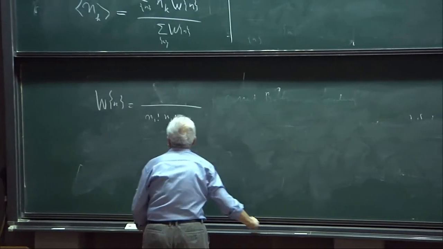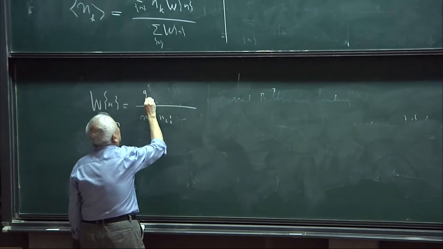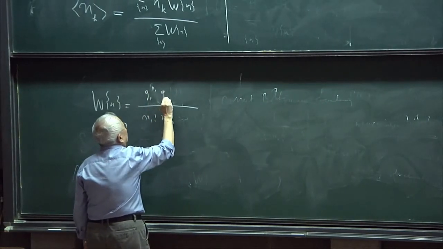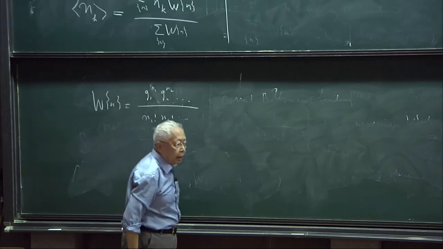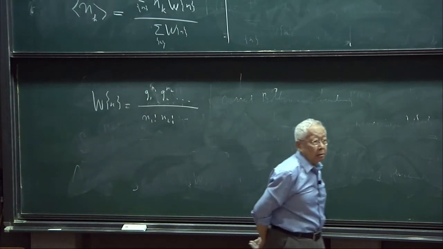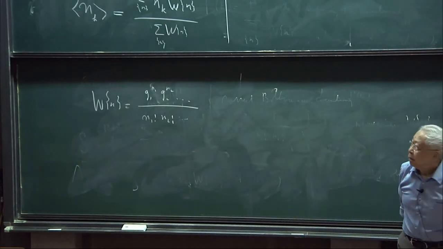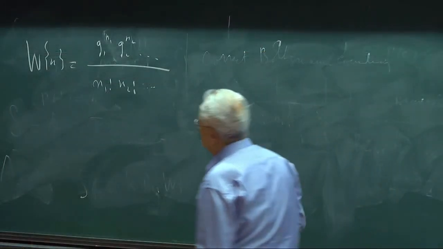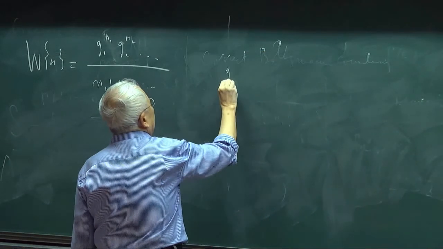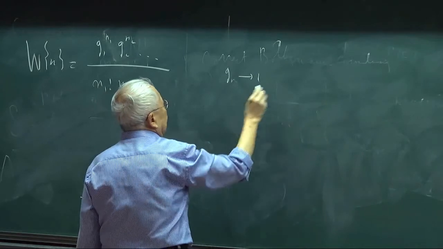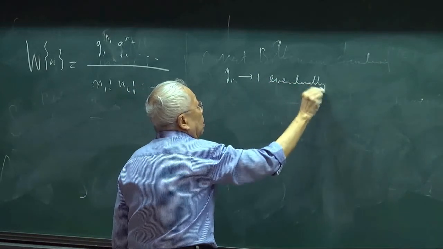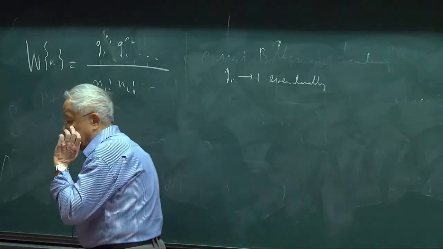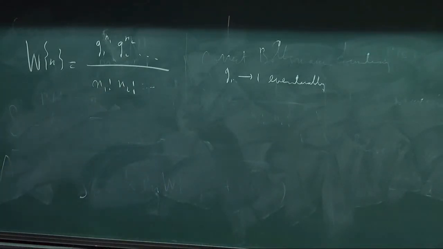You define it by putting some, say, g1 to the n1 power, g2 to the n2 power, and so forth. You could think of g as an intrinsic probability of that cell. But this is just a mathematical device. Later, we're going to put gi approach 1 eventually. So we just put it here to facilitate calculations.